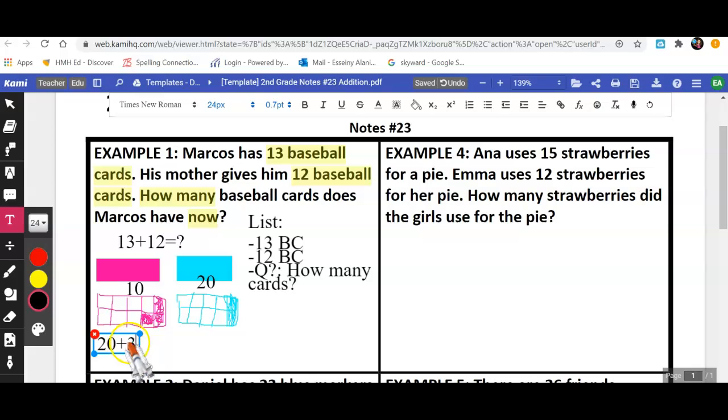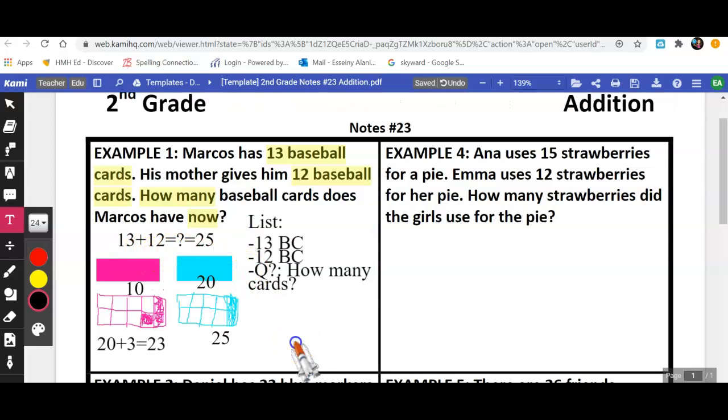And then this 20 plus 3, 1, 2, 3, is equal to 23. And then I skip count: 20, 21, 22, 23, 24, 25. 23 plus 2 more is 25. That means that this question mark is equal to 25. 13 plus 12 is equal to 25.